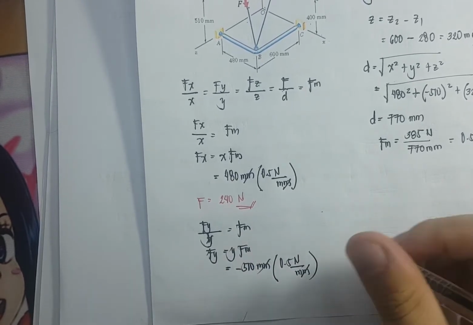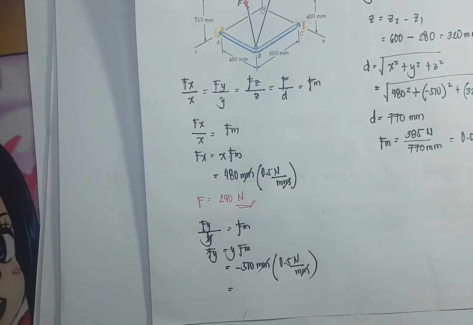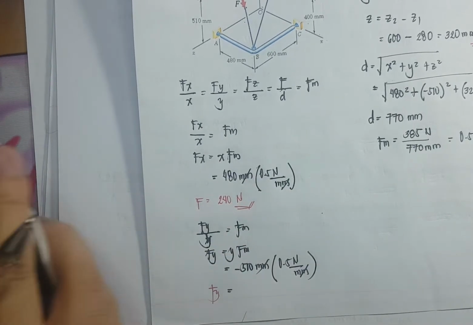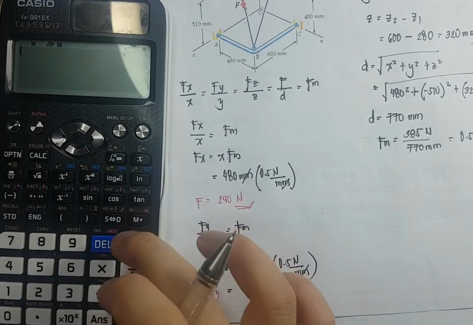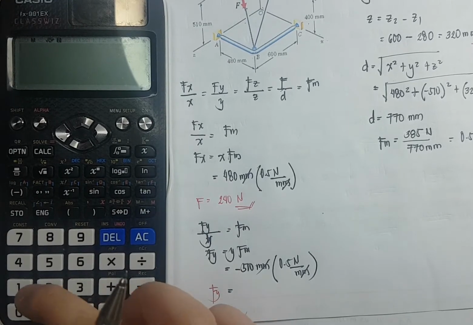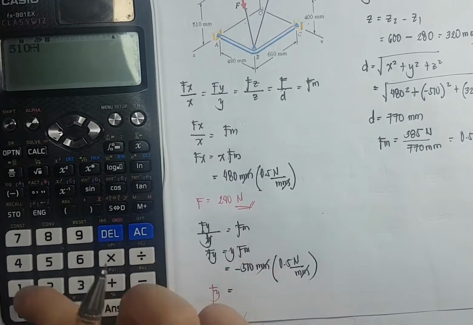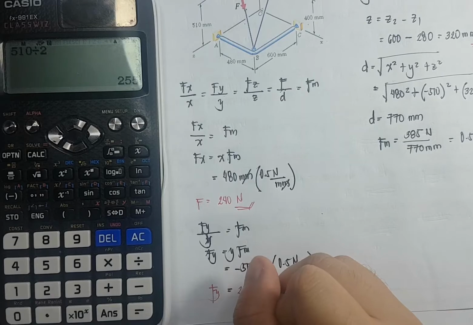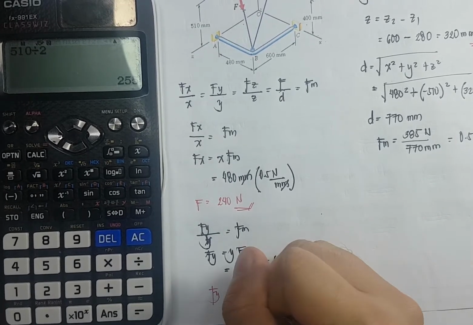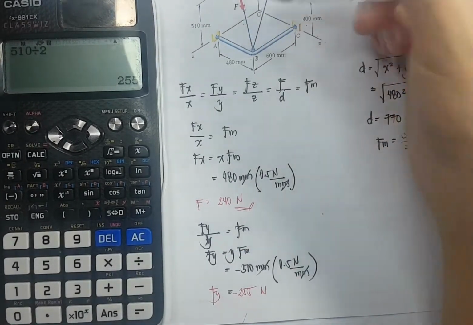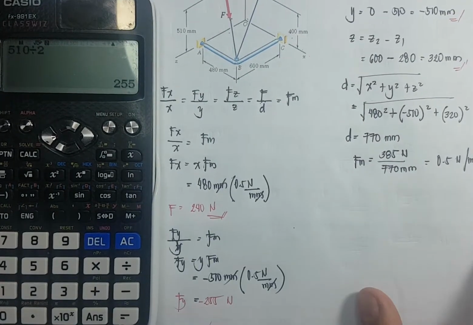The mm will simply cancel out, and f of y is equivalent to 255 newtons, and that is negative because it is pointing downwards.